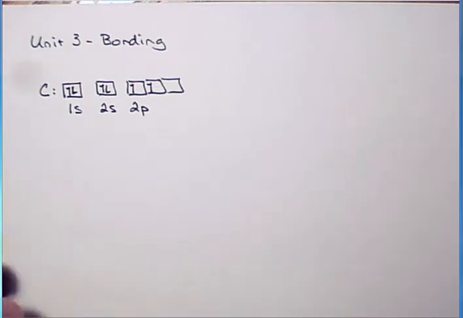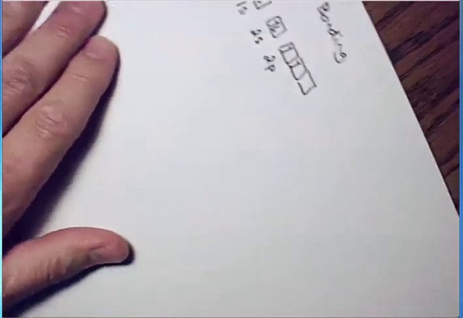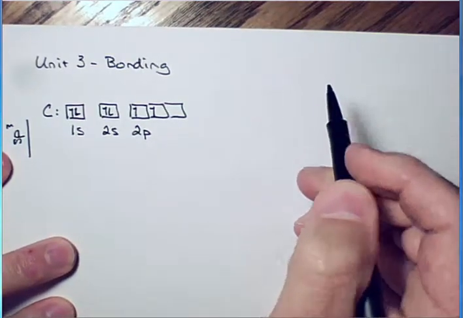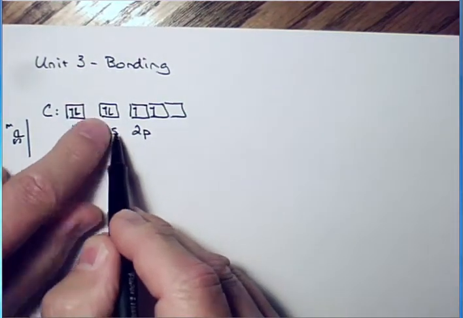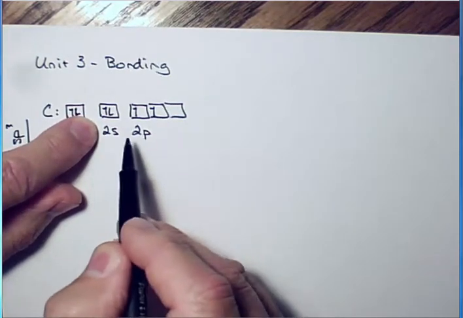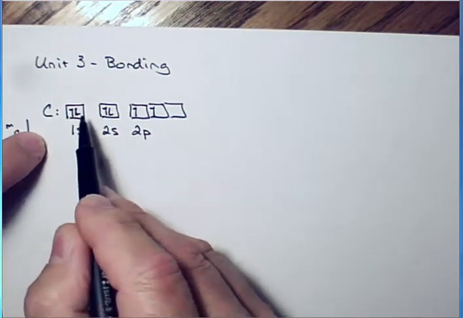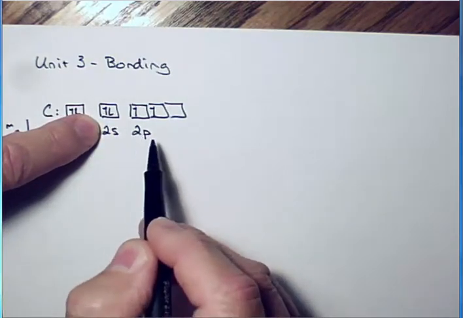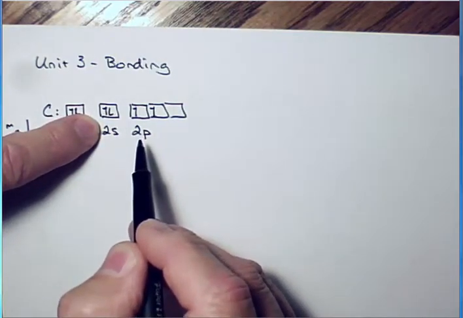So when we hybridize this into what's called sp3, I'm just going to label it sp3 here. We're going to take this single s orbital that happens to be in the second primary level. The second primary level for carbon is its valence level. The term valence means the electrons in the highest primary energy level.